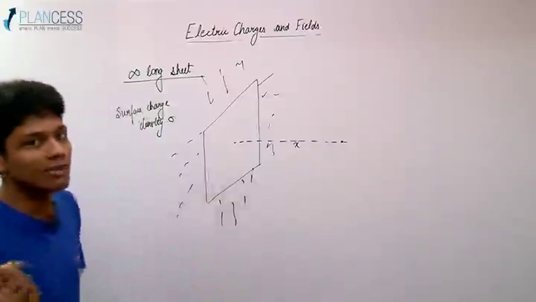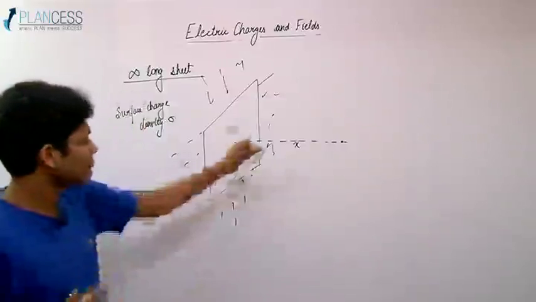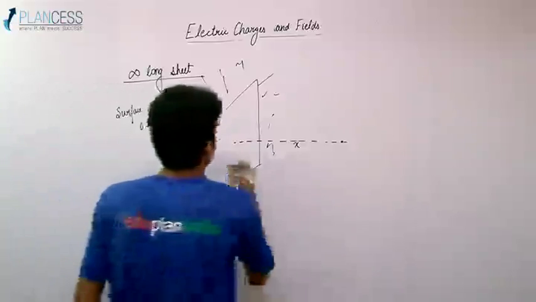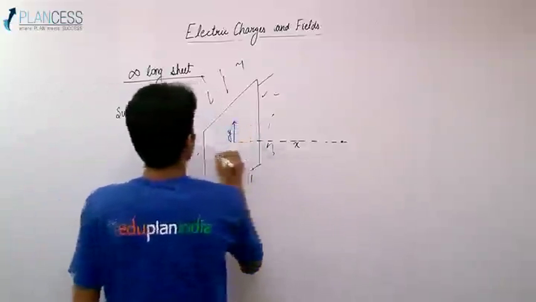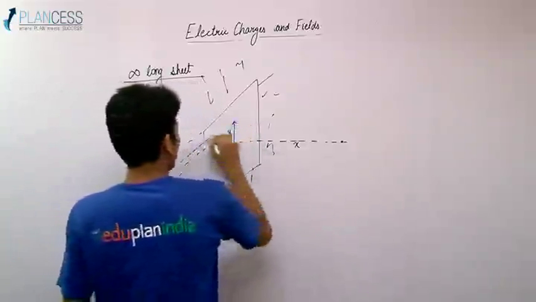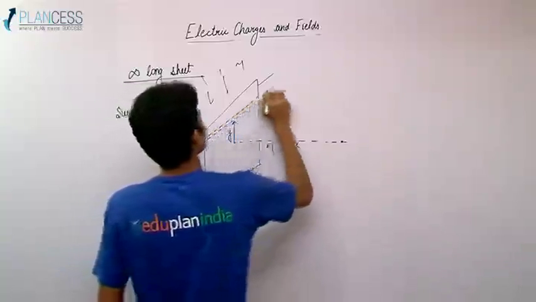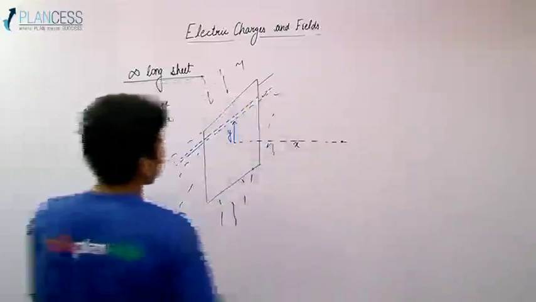We know the value of the electric field for an infinitely long wire. So let us consider, at a distance y, an infinitely long wire like this. So this is the infinitely long wire.